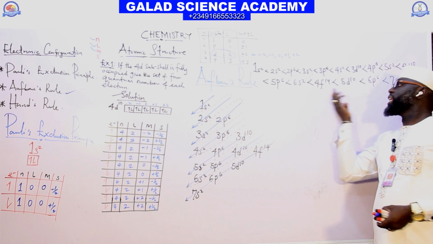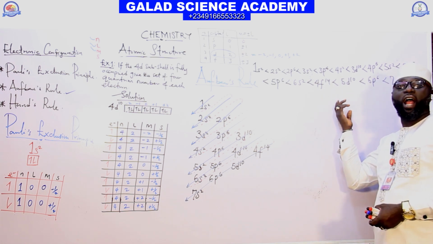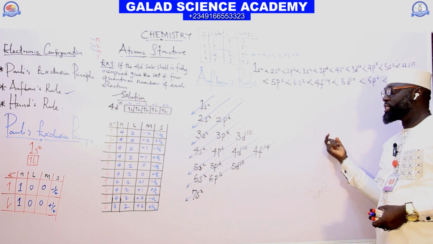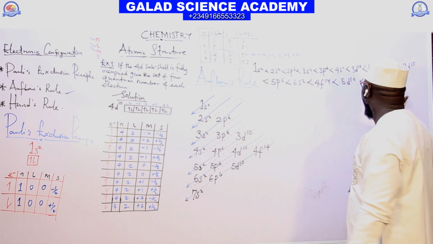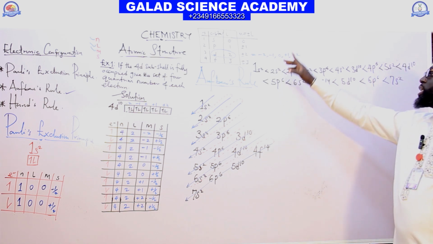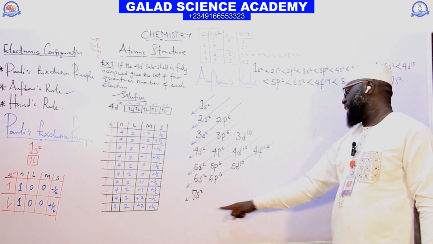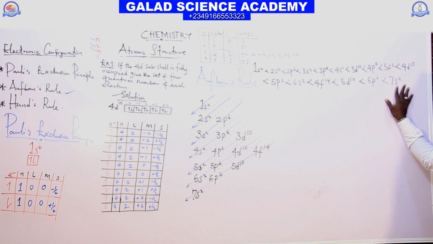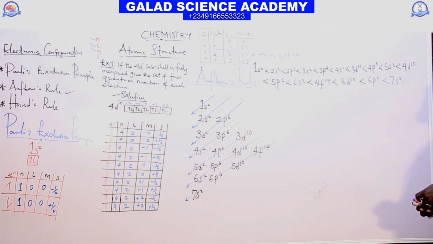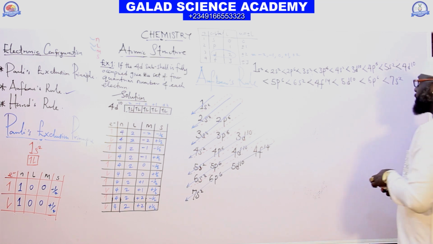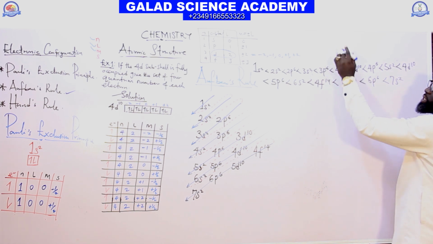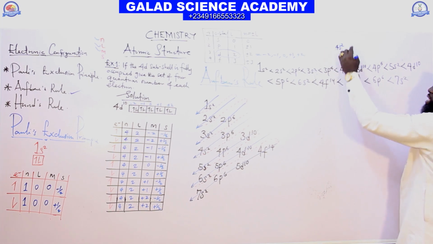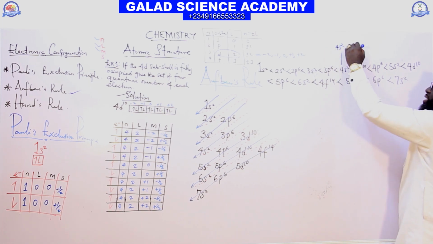So we can now see that this is the order of arrangement of atomic orbitals from lowest to the highest. It starts from 1s2 and ends at 7p6. Look at these two as a case study: we have 4s2 here, and here we have 3d10.